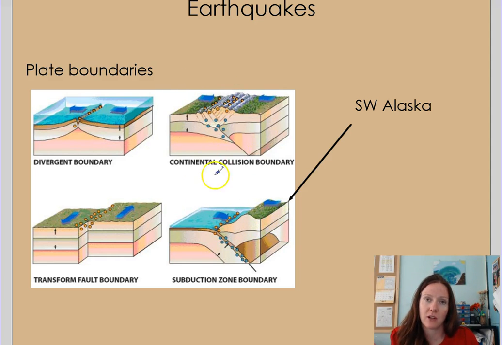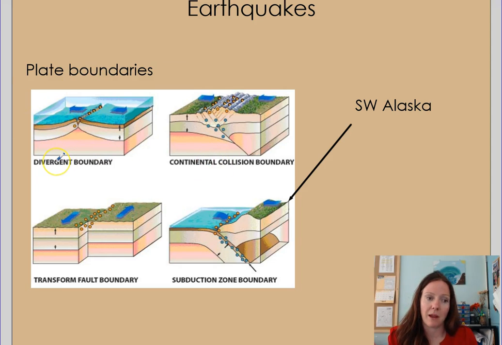Another type of boundary is also called a convergent boundary, but it's a collision convergent boundary. And this is how the Himalayas were formed. So when the two plates come and collide, and one doesn't go underneath of the other, they collide, the ground kind of crumples up and folds up, forming mountain ranges along its edge.